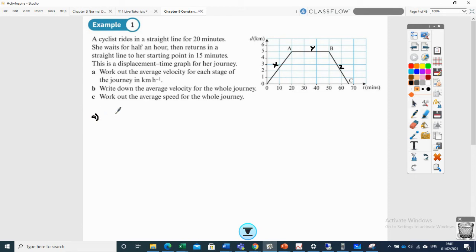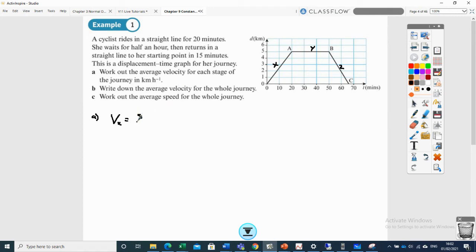So we want the average velocity for each stage. So for the velocity, let's use V. For X, the velocity in the first stage is equal to, so remember, it's the displacement divided by the time.